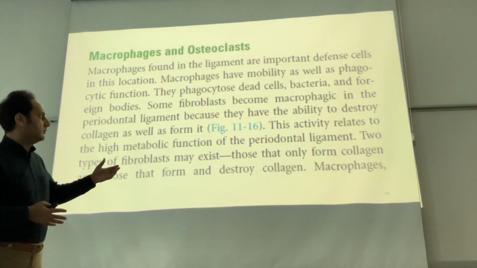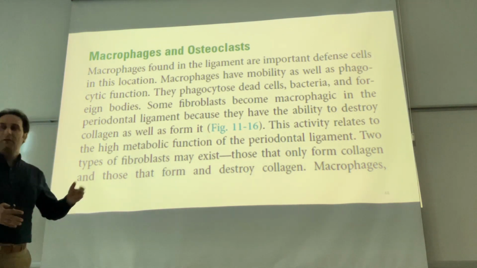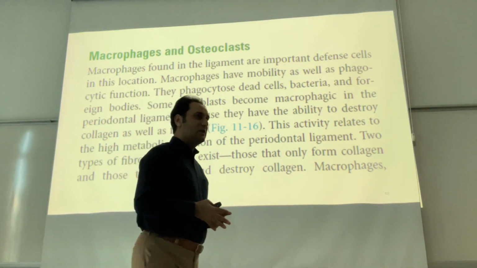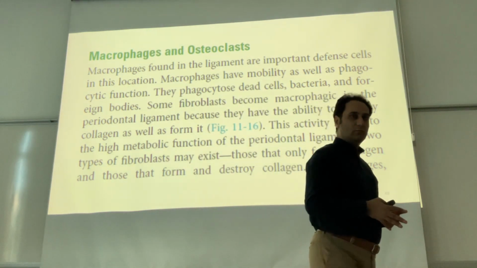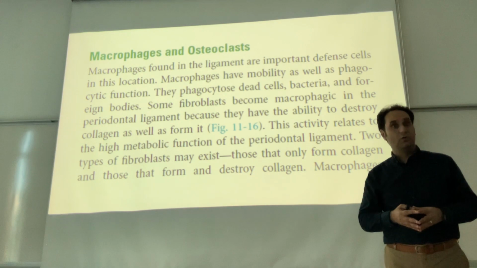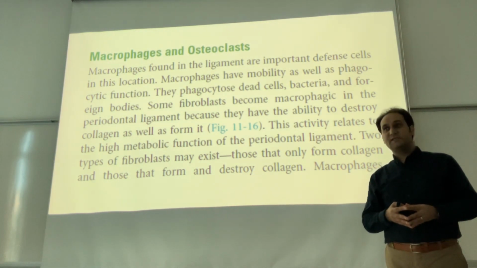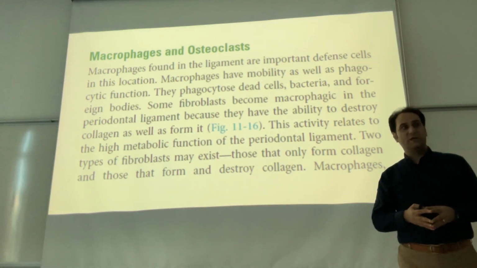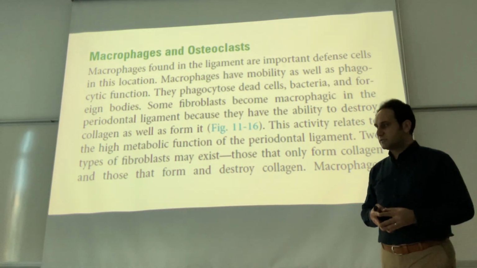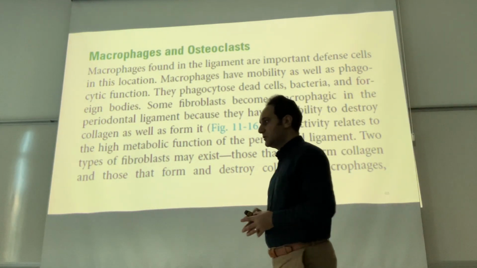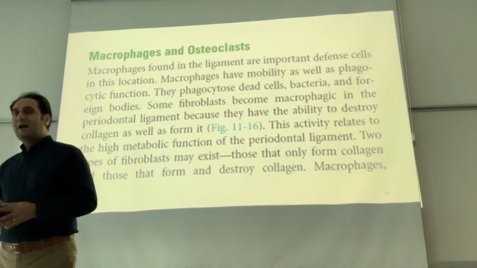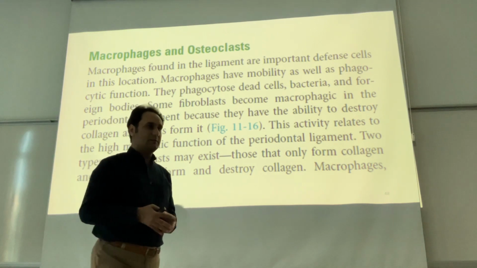And also, we have osteoclast-like cells on the peripheral side of the cementum, known as cementoclasts. These cells are not routinely active, but in some pathologic conditions, the cementoclast can become active and resorb the cementum.